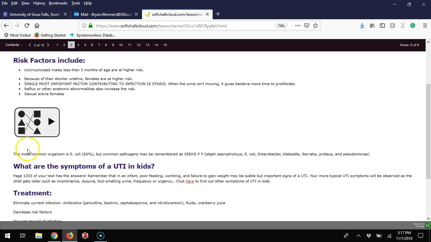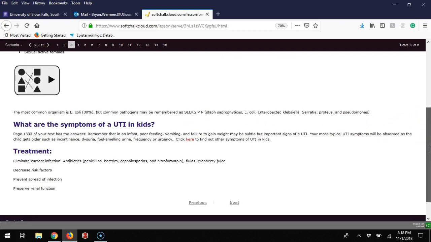I do want you to be aware that the most common organism for UTIs is E. coli. 80% of UTIs are actually E. coli based. But be aware that there are some other ones. If you want a fun mnemonic for it, it's SEEKS PP, and it covers it right here.